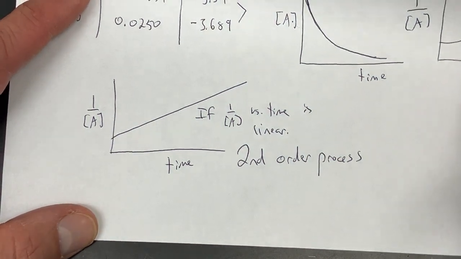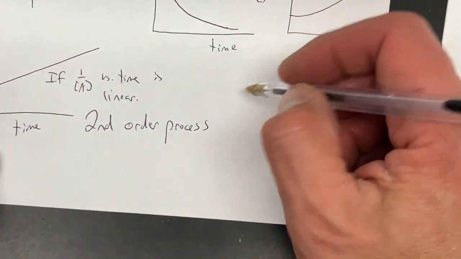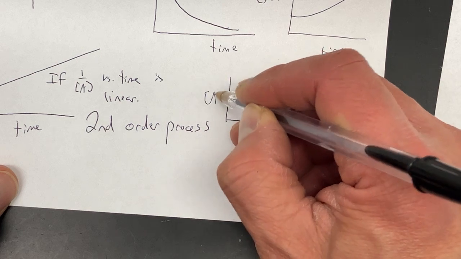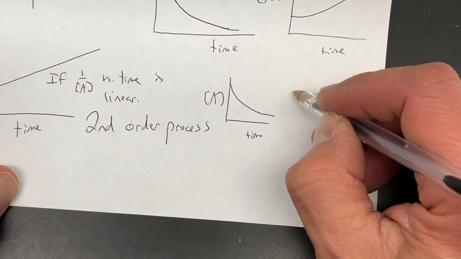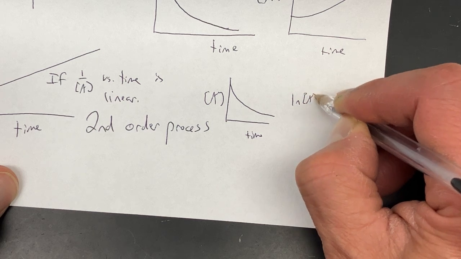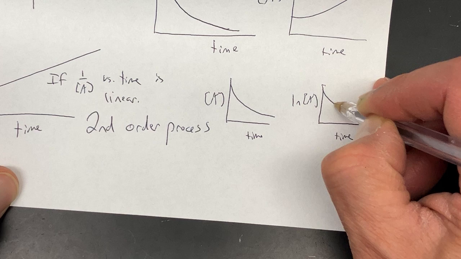And then the other graphs would be nonlinear. So you would see that A versus time is going to be some kind of curve like this, and ln of A versus time would also be some kind of curve like this.